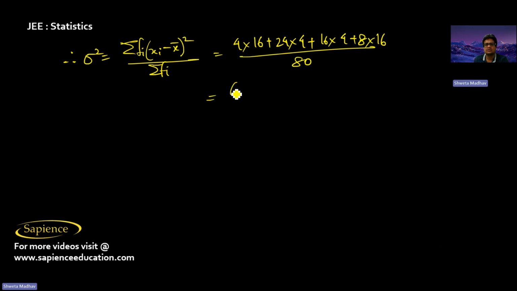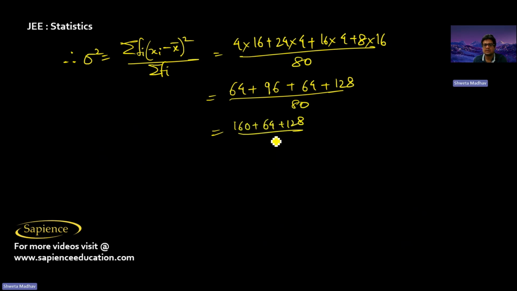This will be equal to 64 plus 96 plus 64 plus 48 plus 128 by 80, so 64 plus 96 is 160, plus 64, plus 128 by 80. So this will be equal to 224 by... 16 plus 6, that is 22.